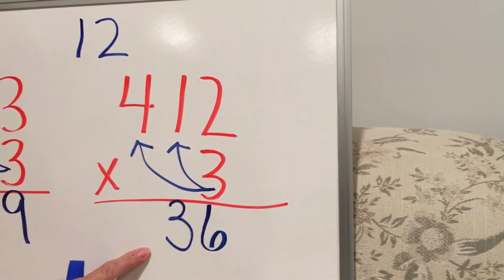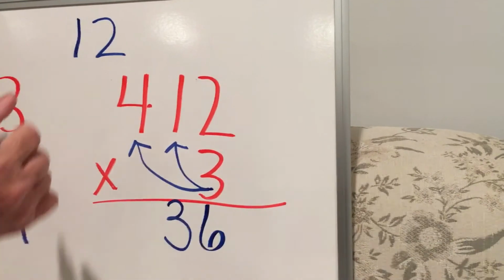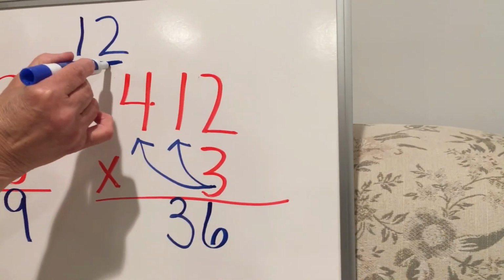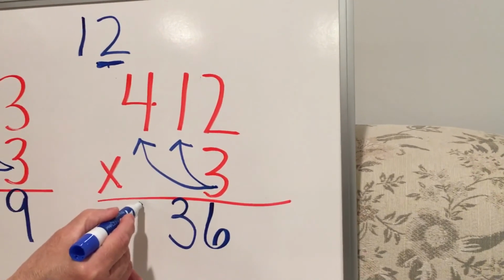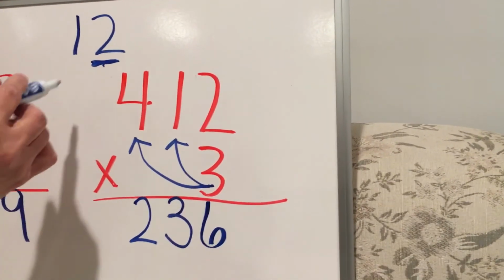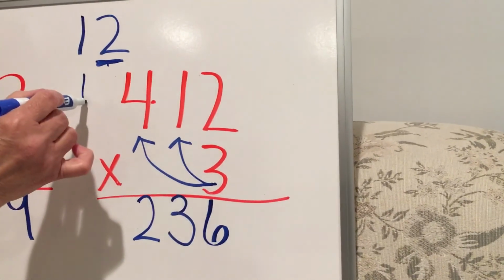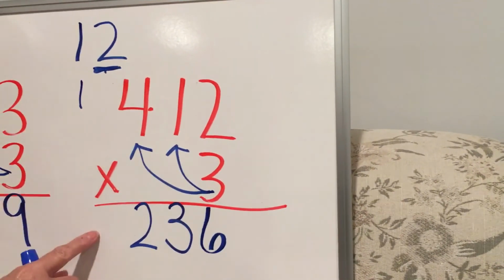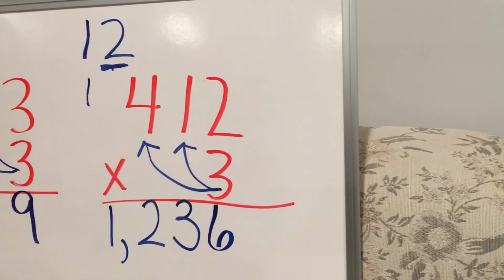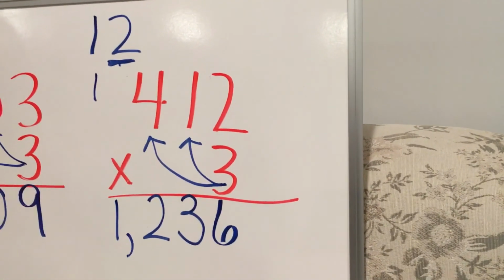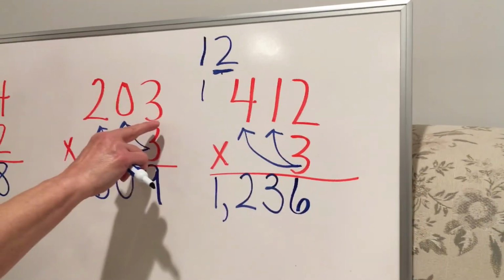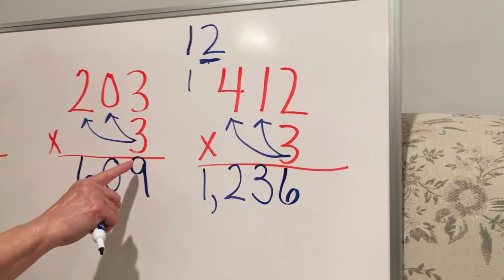So just like in addition and subtraction, we're going to put the number that's on the end in the ones column underneath the 4. And the other one is going to be carried over into the next column. And 1 plus nothing else is 1. And so my answer is 1,236. So boys and girls, that's multiplying a three-digit number times a one-digit number.